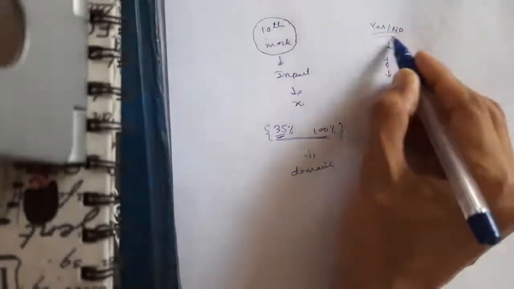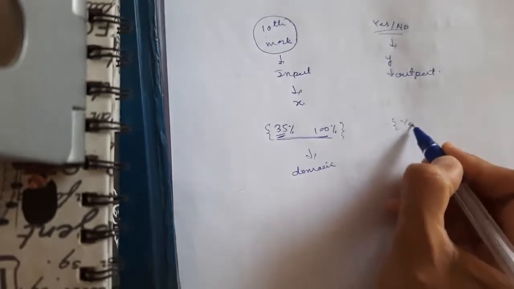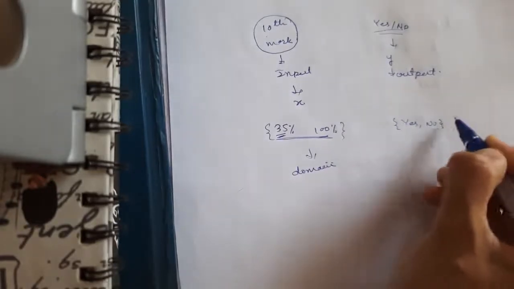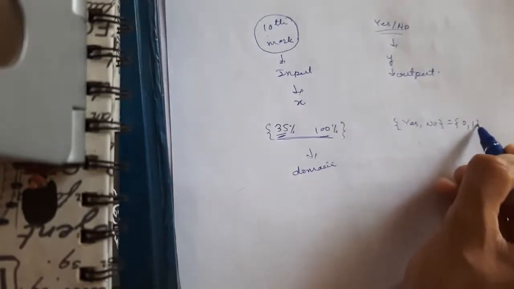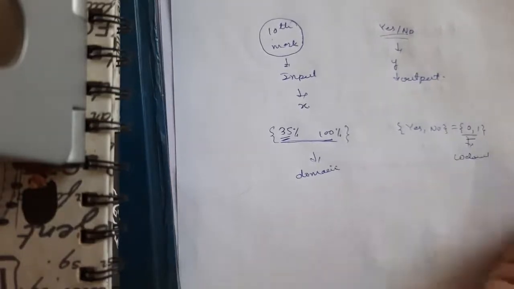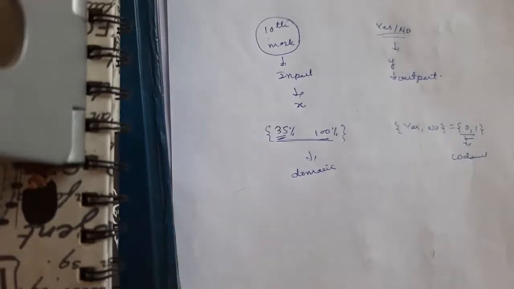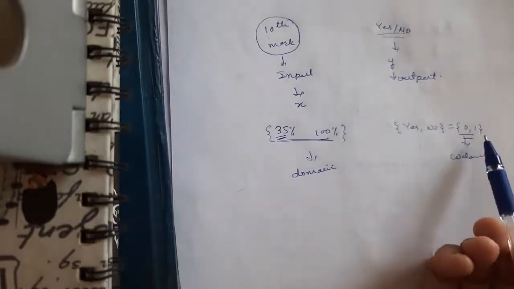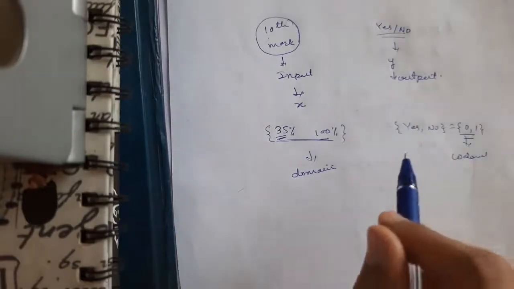The yes and no values, yes, comma, no, or we can write them as numbers 0, 1, this is your codomain. And the range is also the same here, 0 or 1. Either you are going to get college or not going to get college. So that's what the function is.